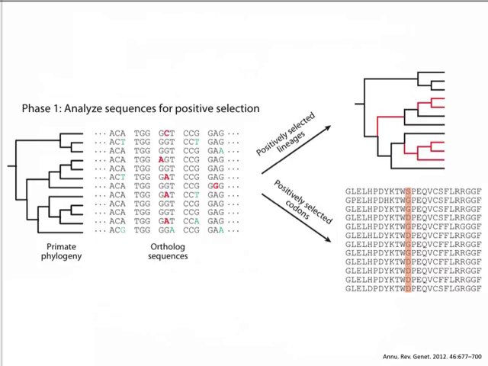Now, when a mutation is selected for in a population, say because a virus selects for that particular defense mutation, we call that positive selection. So you can look in these genomes, comparing human versus chimp versus gorilla, etc., in a particular protein. We call those proteins orthologs.